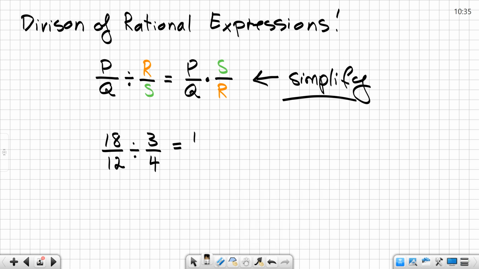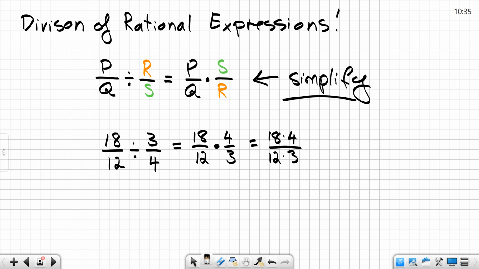But what I'm doing now in this problem, I copy down the first fraction, I turn the division into multiplication, and I flip the second fraction around. I take the reciprocal. Now I am multiplying straight across. So in other words, now it's exactly like we did before.